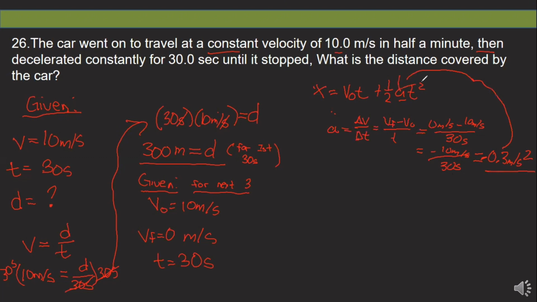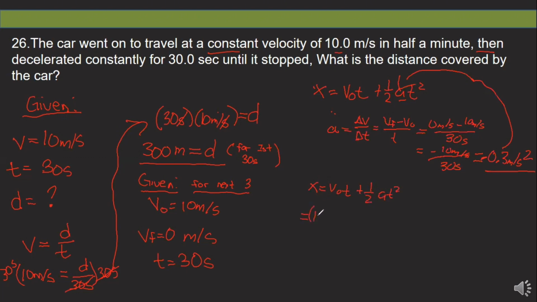Since we already have acceleration, we can now solve for the distance for the next 30 seconds. Let's rewrite the equation. x is equal to v initial times time plus 1/2 at squared. Let's substitute the values.